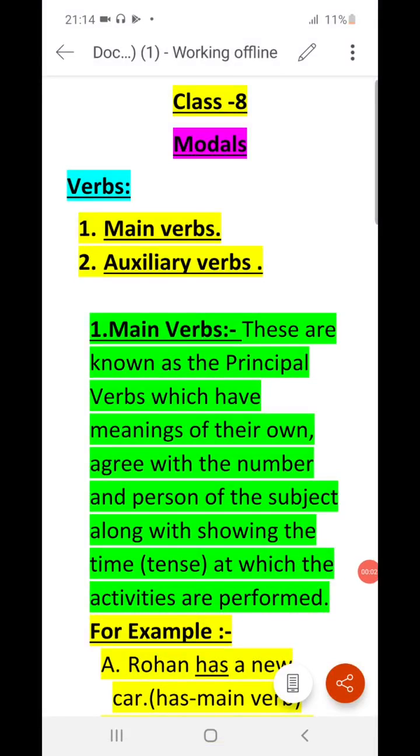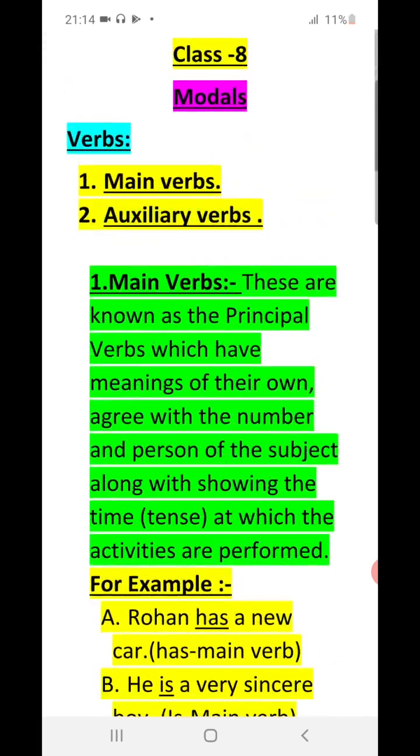Number 1. Main verbs. These are known as the principal verbs which have meanings of their own, agree with the number and person of the subject, and it also shows, as it is stated over here, along with showing the time, in the bracket, it is given as tense.